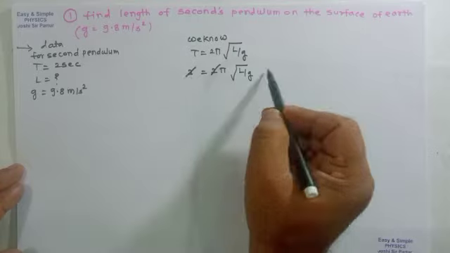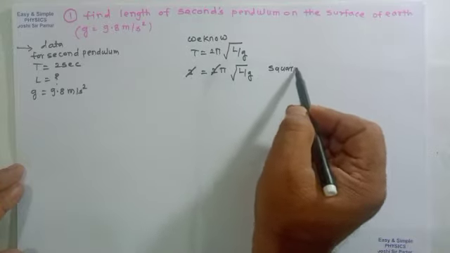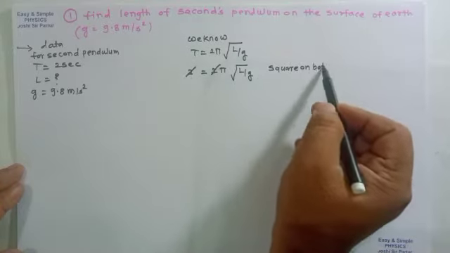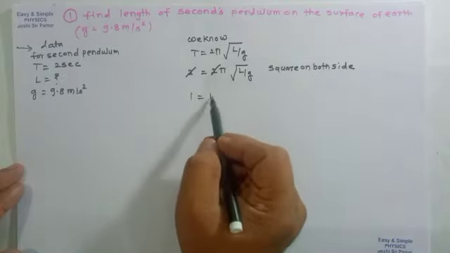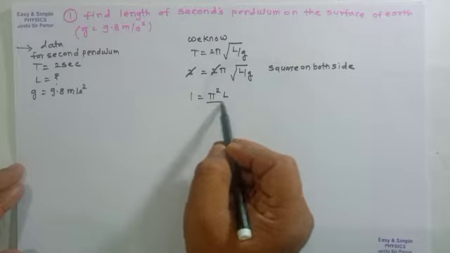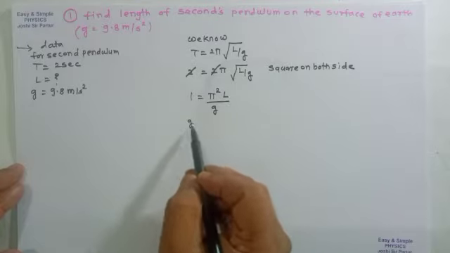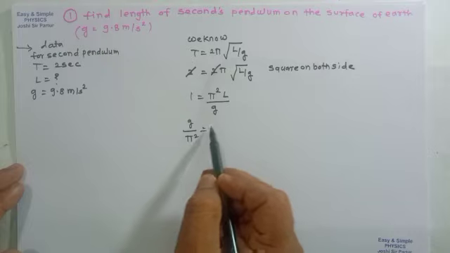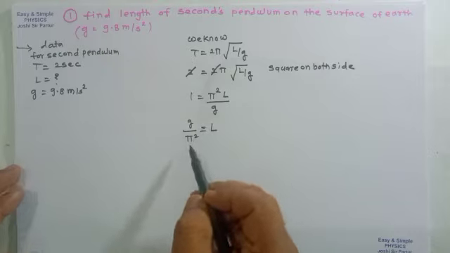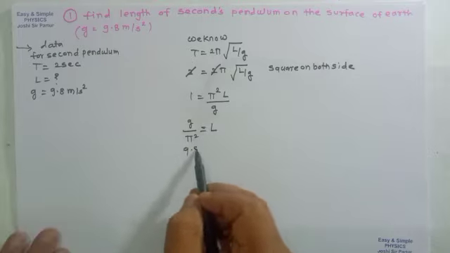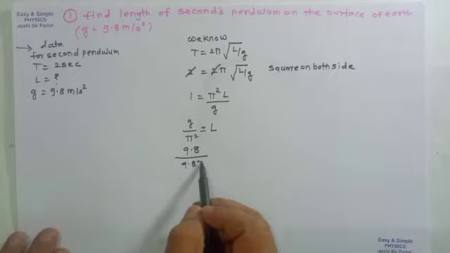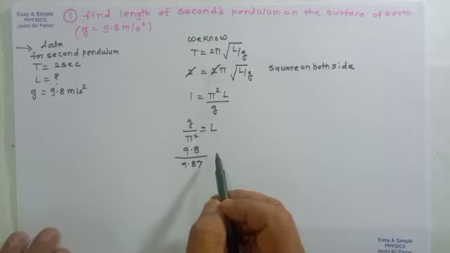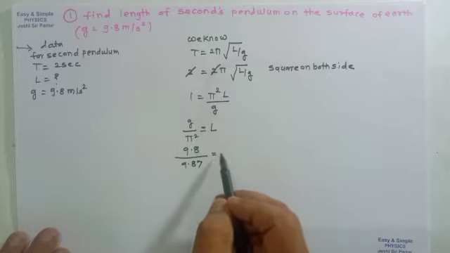2 gets cancelled, square on both sides. So 1 is equal to pi square L upon g. So g upon pi square is equal to L. We know the value of g, that is 9.8, and the value of pi square, that is 9.87.